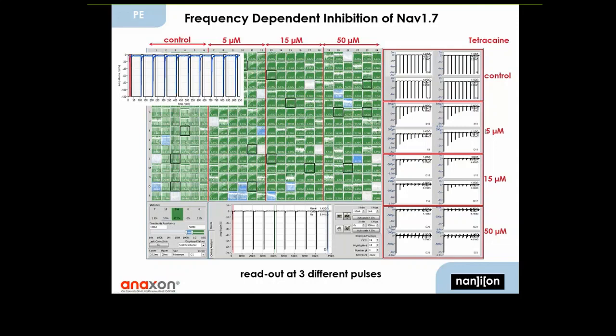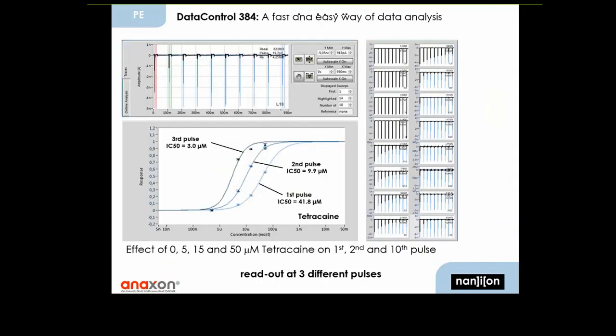So then we have the possibility to have 3 readouts from 3 different pulses. And I would like to again show you a snapshot of data control where we have set 3 cursors in our protocol, from the first, the second, and the 10th pulse of the train.